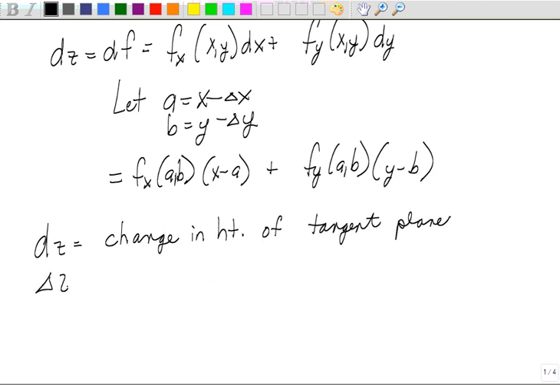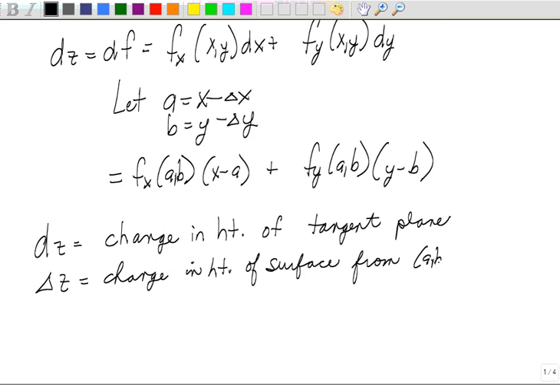And delta z is a change in height of the surface from (a, b) to (a plus delta x, b plus delta y). So we can approximate that change using dz, the differentials.